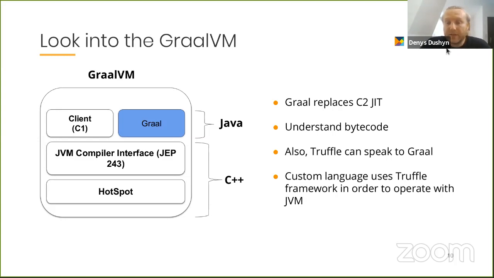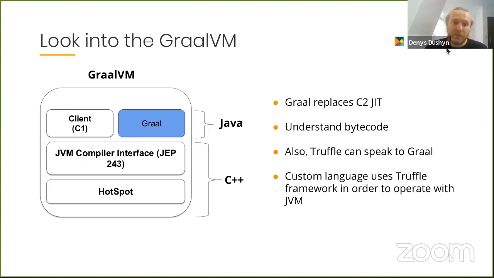And this Truffle framework provides basic building blocks for writing interpreters for custom languages. So if there is some implementation of a language, JavaScript or Ruby or another language like Fortran that is written with help of Truffle framework, it's possible to run that language on top of Graal virtual machine.